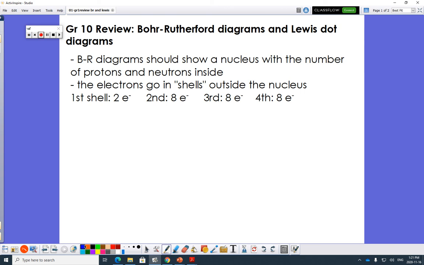We're going to use these Bohr-Rutherford diagrams to help us visualize the number of valence electrons, and then we are going to use it for ionic charge, and that's really the end of the usefulness of these. The first unit in grade 12 is basically showing how Bohr-Rutherford diagrams are incorrect, or not a sufficient model for the atom.